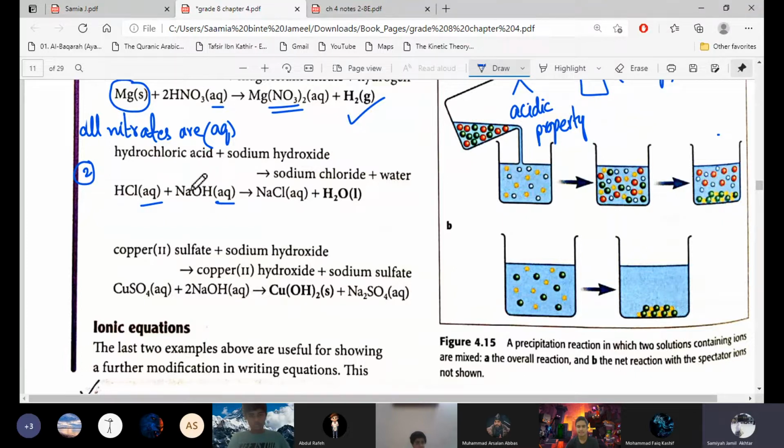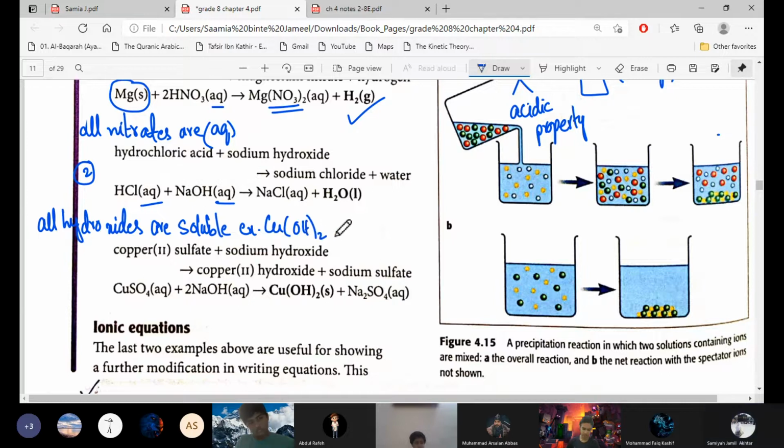So right now just write that all hydroxides are soluble, meaning all hydroxides are aqueous, except copper hydroxide and zinc hydroxide.